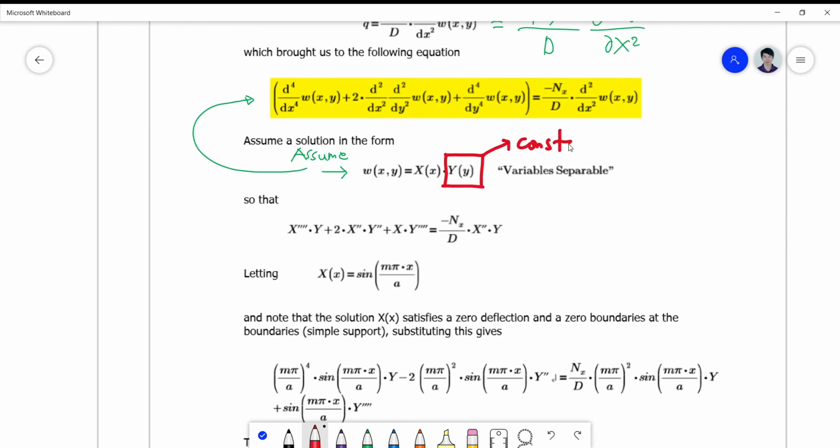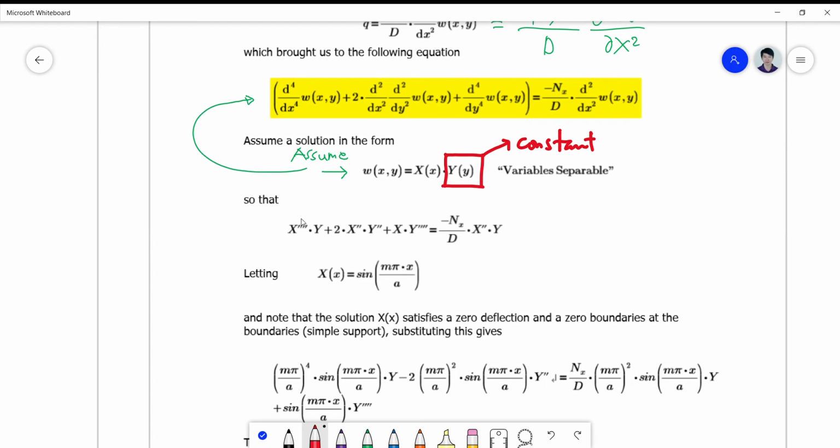That's how you use a partial differential equation procedure: you assume the other variable to be constant, and then take the derivative of the first variable.